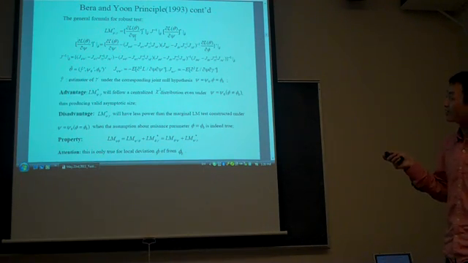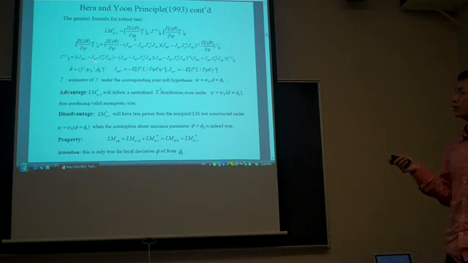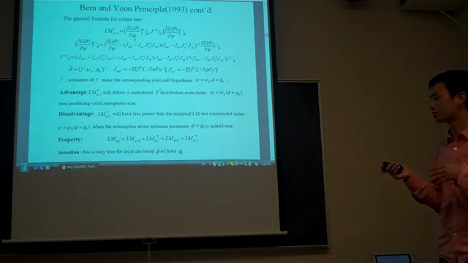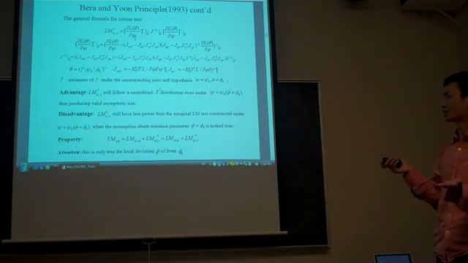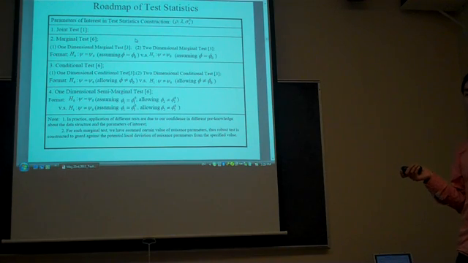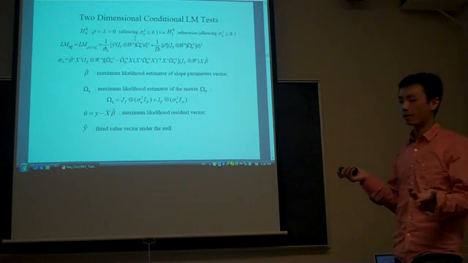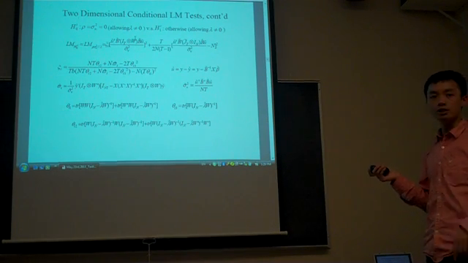In that case, the robust term on the left will be exactly the same as this score term in the traditional Lagrange multiplier test, the same as this information matrix here. So this is a very easy condition to check in practice, to see if this term is 0 or not. If it is 0, then the marginal test will just be the same as the robust test, which means that even if there is some local deviation of the nuisance parameter from the specified value, the marginal test will still produce a valid asymptotic size.